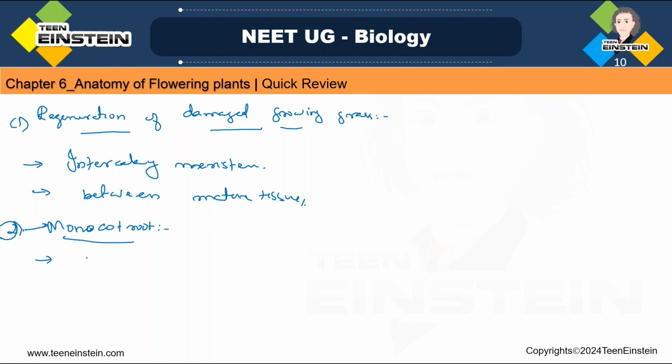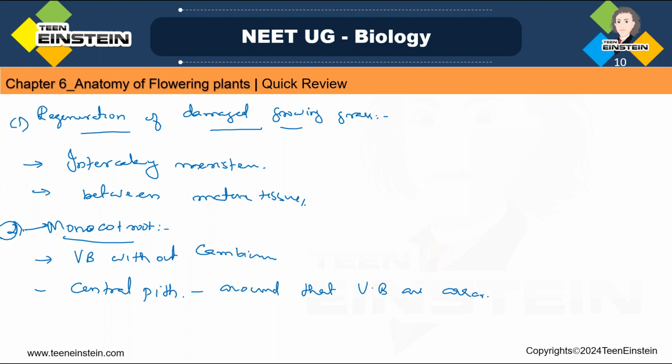That is the presence of vascular bundles without cambium. The vascular bundles are alternate and they are arranged in the form of a ring around the central pith region. The vascular bundles are arranged in radial form.